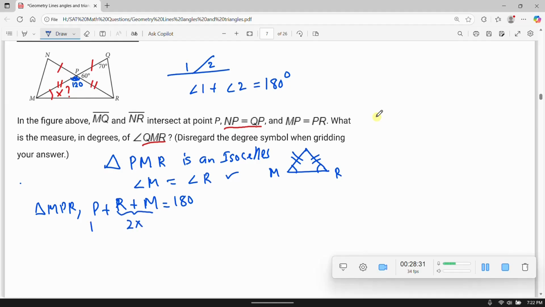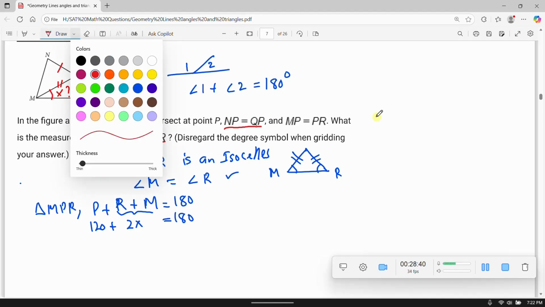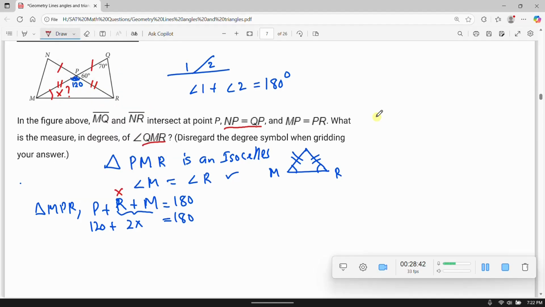And then angle P is 120, equal to 180. Again, because of this, angle R is x, and angle M is also x. So that's how we get 2x. So then we have 2x equal to 60, then x equals 30 degrees.